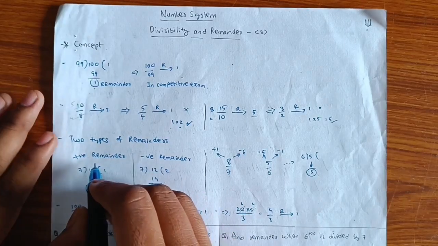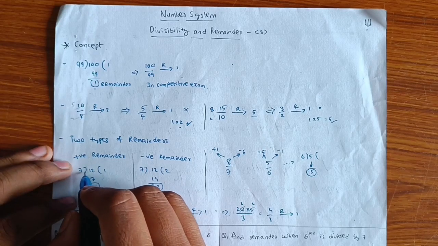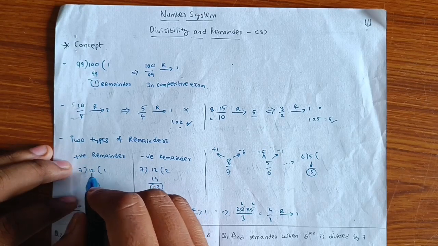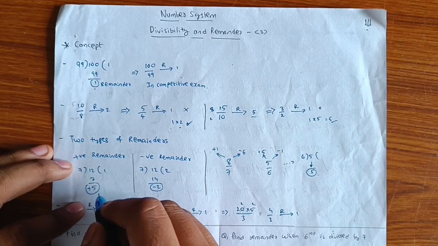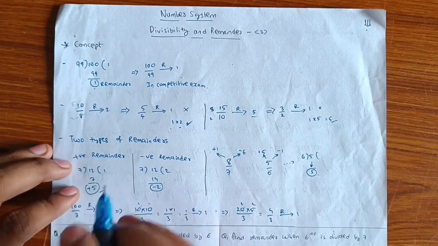The positive remainder is like when 12 is divided by 7, the quotient will be 1 and the remainder will be 12 minus 7, which is 5. So this is the positive remainder.